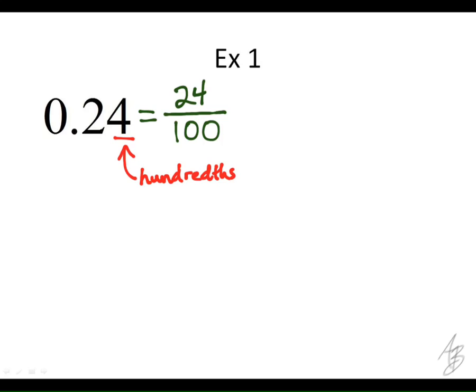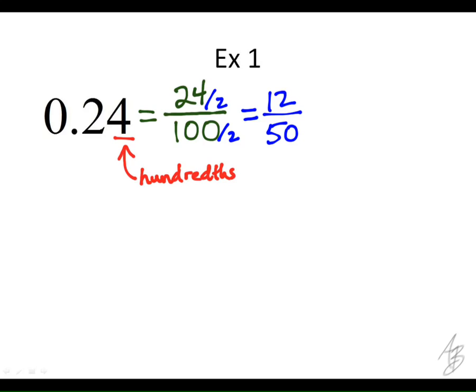Once we get that fraction, what do we need to do? Reduce. What number goes into 24 that also goes into 100? 2. They're both even, so 2 goes into it. What's 24 divided by 2? 12. And what's 100 divided by 2? 50. Okay. And then, are we done? No, we can reduce again, right?